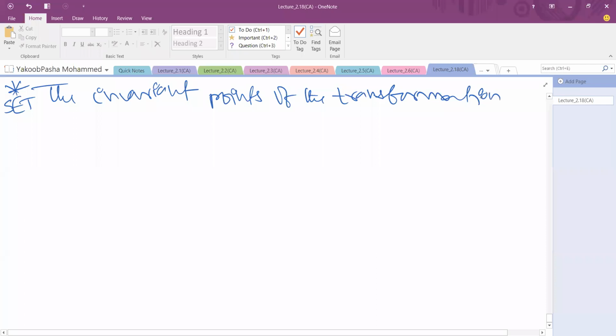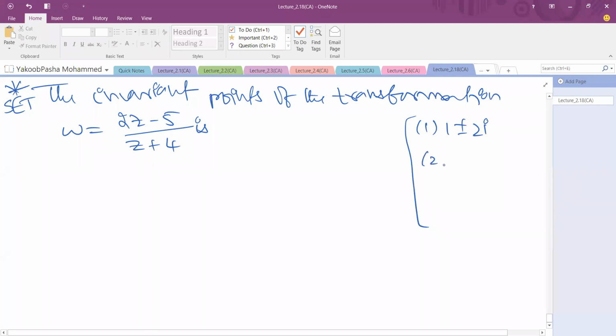The transformation W is equal to 2z minus 5 divided by z plus 4 is. We have options here. First option is 1 plus or minus 2i. Second option minus 1 plus or minus 2i.